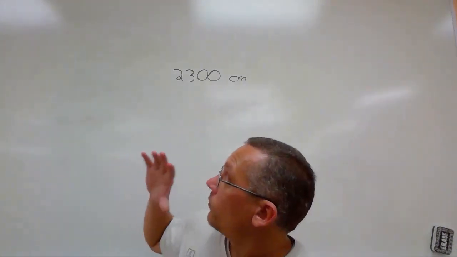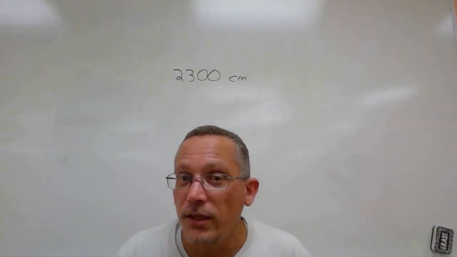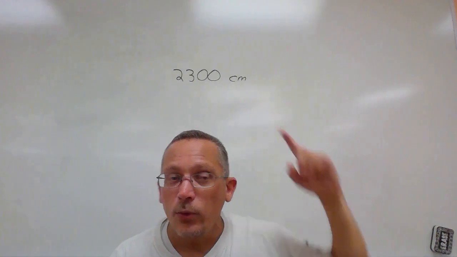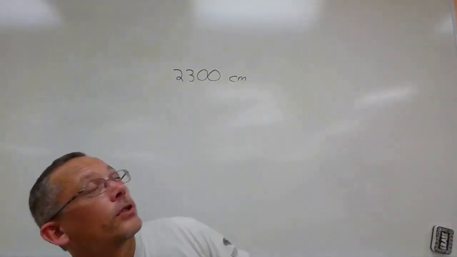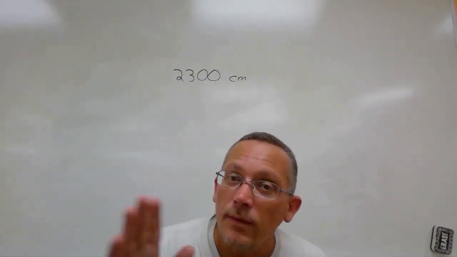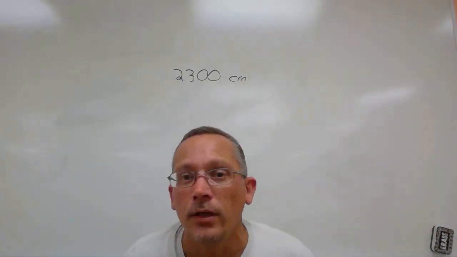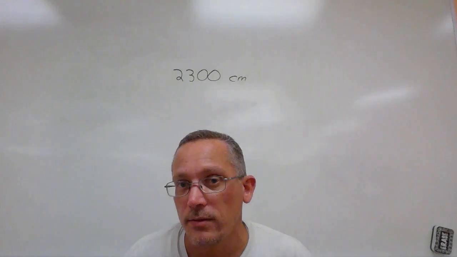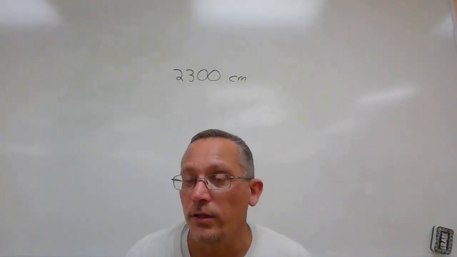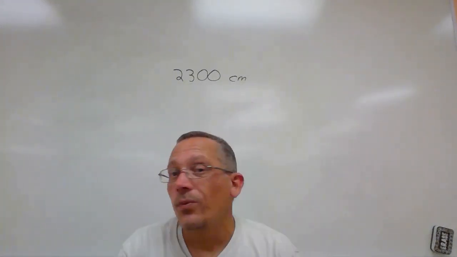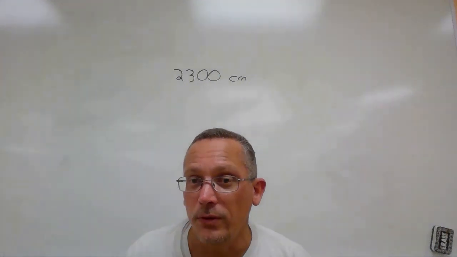Now, kind of the convention is if you don't see a decimal point in that number, these zeros were not measured. Sometimes digits in a number are only there to hold a place, and they weren't actually measured, right? See these zeros? We didn't measure those. They're placeholders.